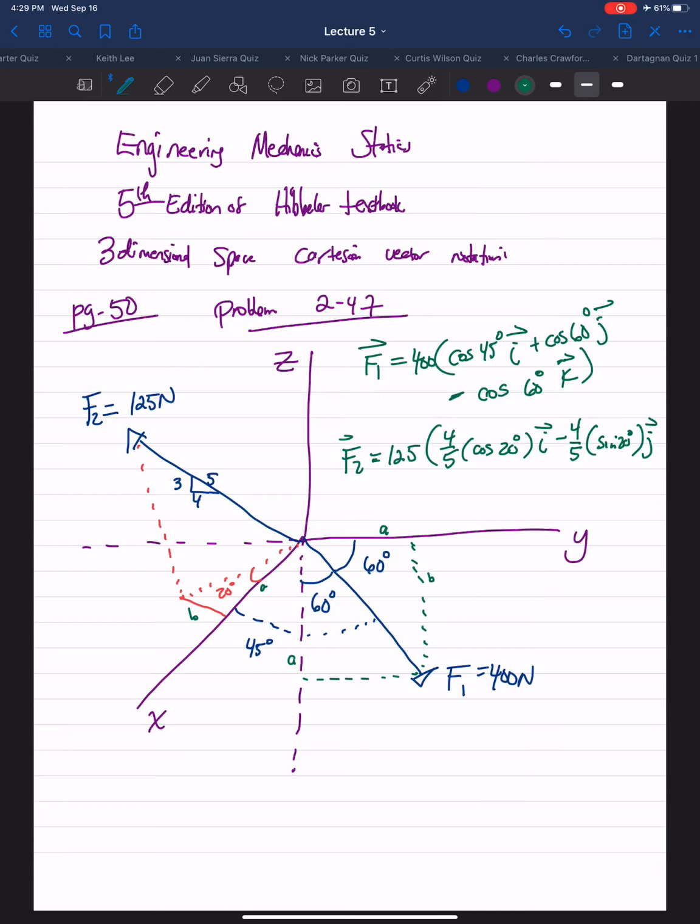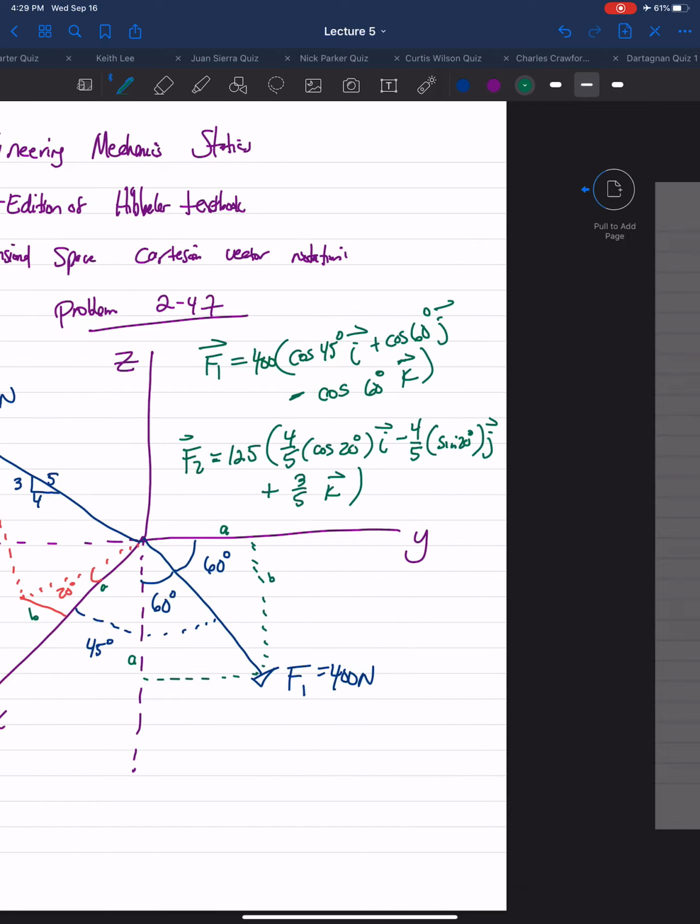And F2 points in the positive z direction, so we'll add this term. And in this case, we just need the 3/5. And can't forget about our k. So let's take that to the next page.